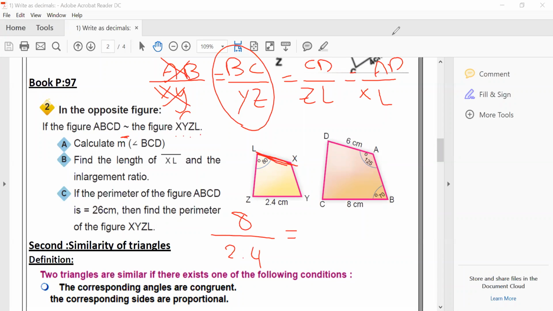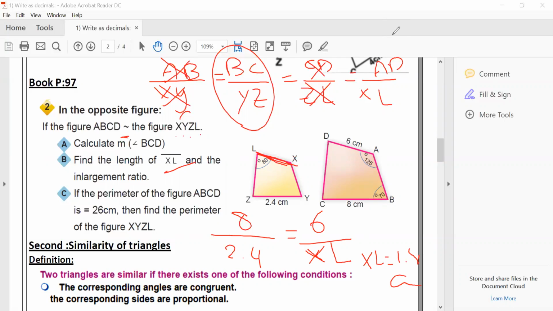CD is not given, LZ not given, and I don't need them because he didn't want any of them. AD, where is AD? Equals 6, and XL is the length of the side he wanted. So by cross multiplication, 6 times 2.4 divided by 8, you will find it is 1.8. So XL will be 1.8 centimeters.